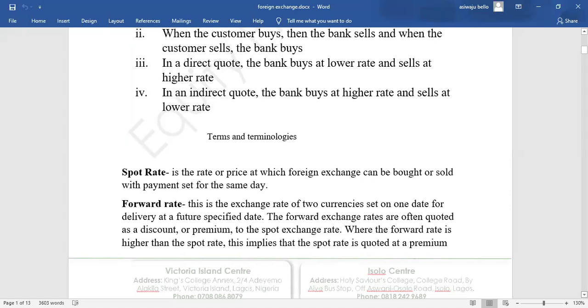Next, forward exchange rate. This is the exchange rate of 2 currencies set on one day for delivery at future specified dates.